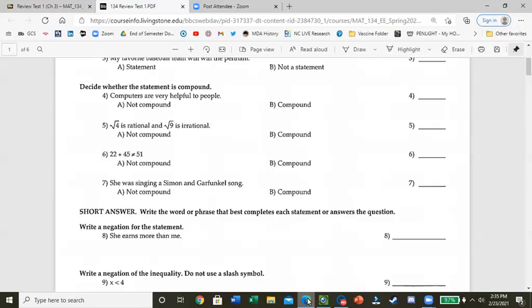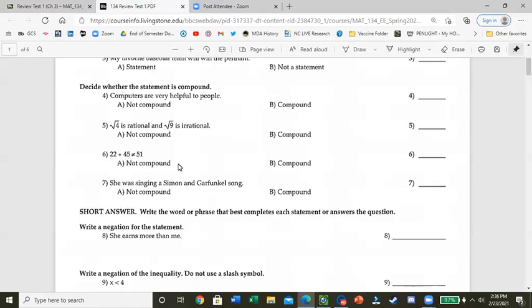So we're saying that square root of 4 is rational and square root of 9 is irrational. We could say that would be a compound statement, right? Because we've got a statement, and then a connective, and, and then another statement. Okay, 22 plus 45 does not equal 51.